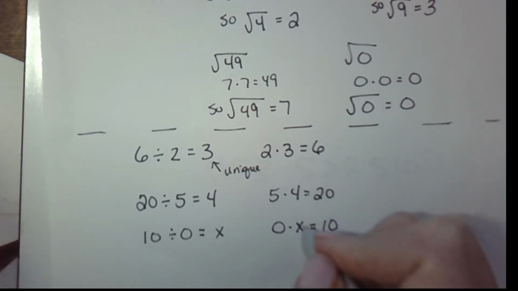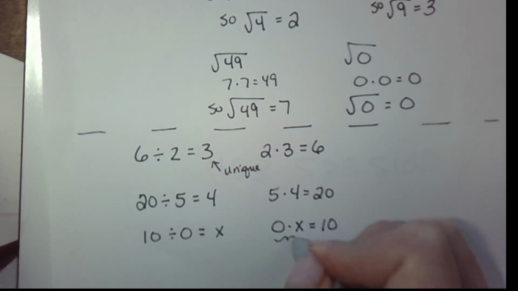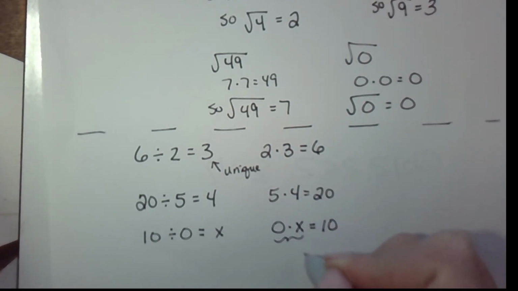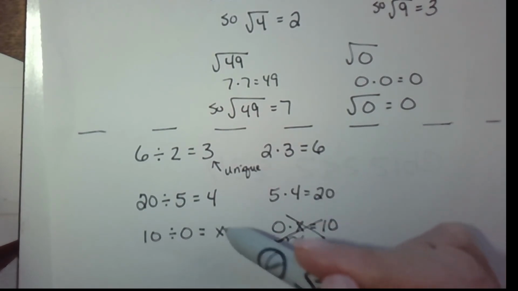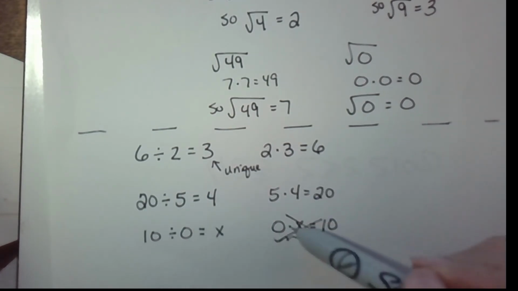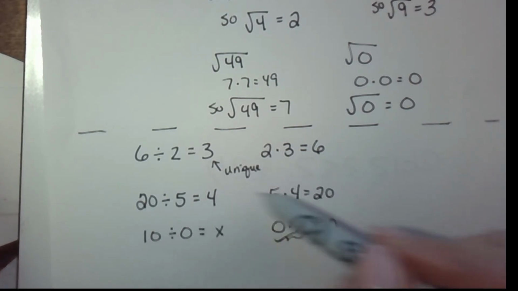But what is 0 times anything? 0 times any number is 0. So this can't work. I can't say 0 times something, x or whatever it is, and get 10. 0 times anything is 0, not 10. So this doesn't work. Trying to divide by 0 breaks the definition of division.